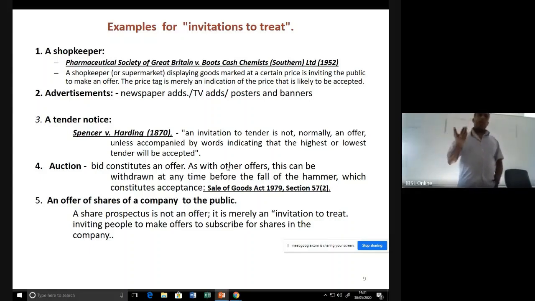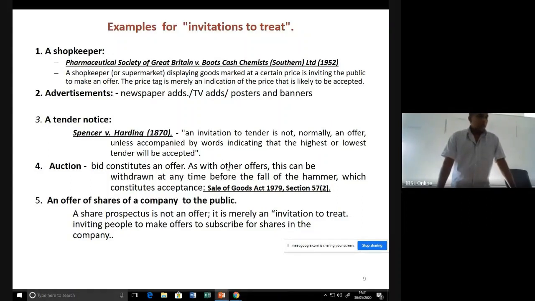So if you want to get a tender, what you have to do, you have to put your tender offer into an envelope and send it to the publisher. So the publisher, out of these offers, will pick one offer and accept it. So then you create an agreement. So that's the third one that you have to remember. Tender notice is not an offer, it's only an invitation to trade.